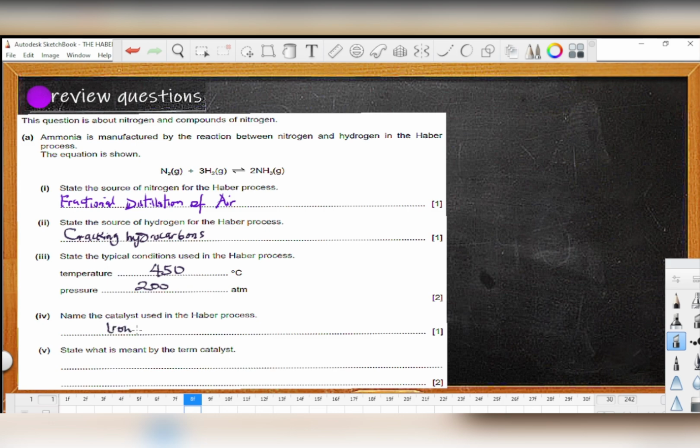Iron catalyst is used. State what is meant by the term catalyst. We already saw that it is a substance that speeds up reaction rate and remains unchanged after the reaction.